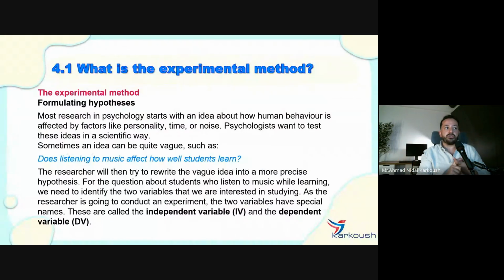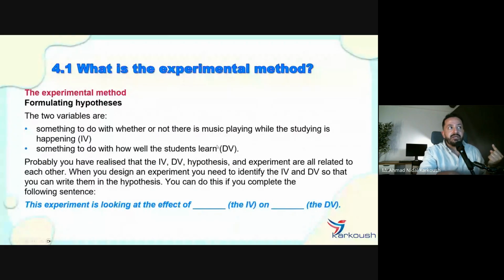As the researcher is going to conduct an experiment, the two variables have special names: the independent variable, which is the IV, and the dependent variable, which is the DV, the one you can depend on. Something to do with whether or not there is music playing while studying is the IV. Something to do with how well the students learn is your DV.